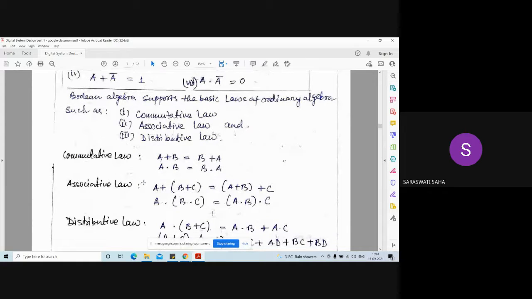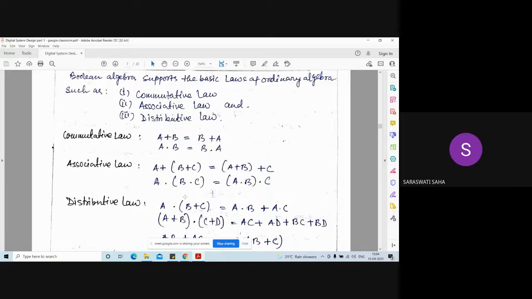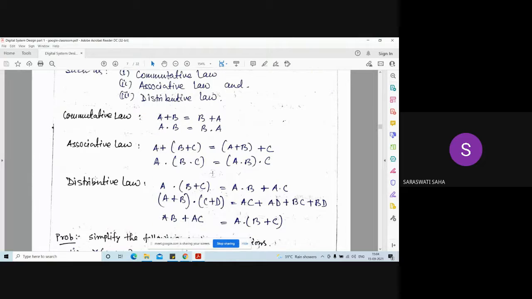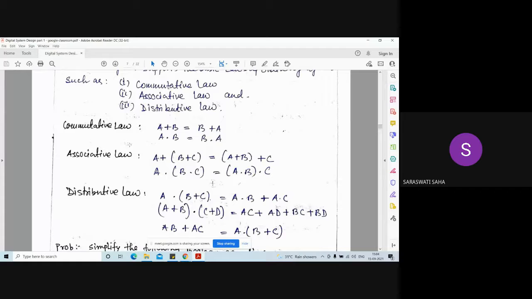Now, Boolean algebra supports some basic laws of ordinary algebra. Already you should know these 3 laws. One is known as commutative law, another is associative law, and the third one is distributive law. These are very simple things. You can verify this expression with the help of a truth table.